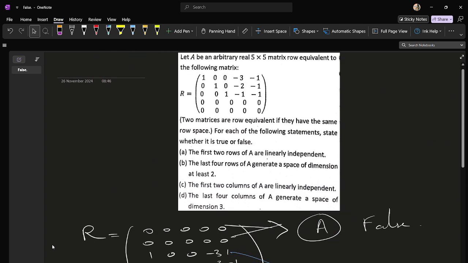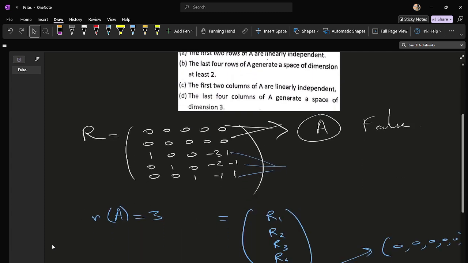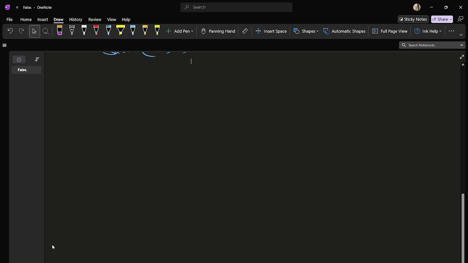Now for C, they tell us the first two columns of A are linearly independent. Again we have to think in another way. The matrix is the permutation of the columns only.